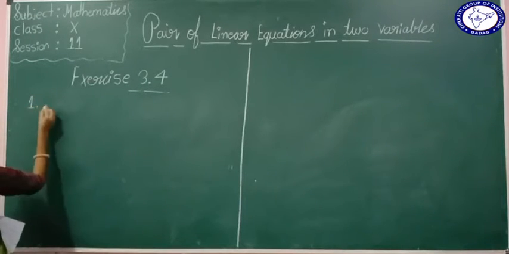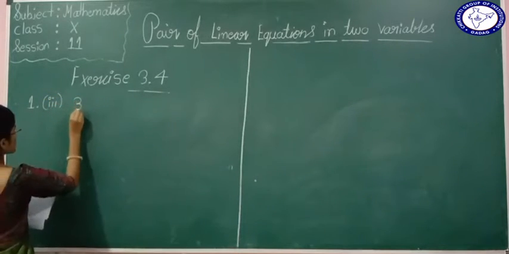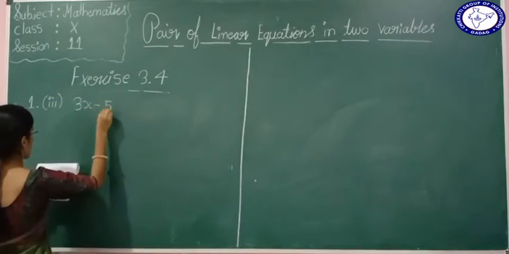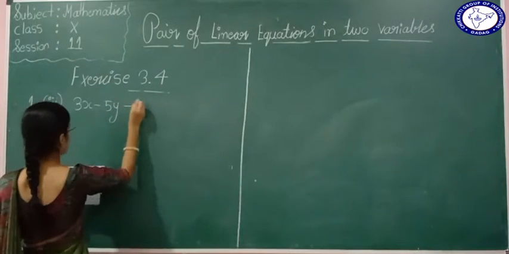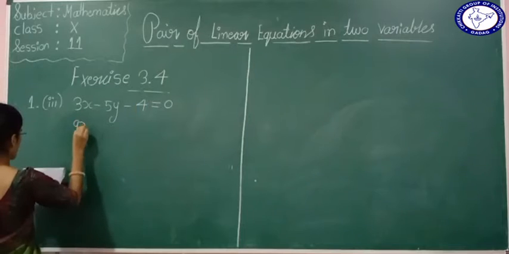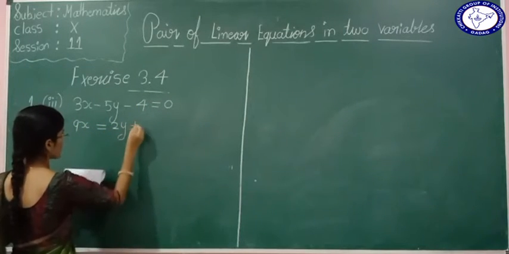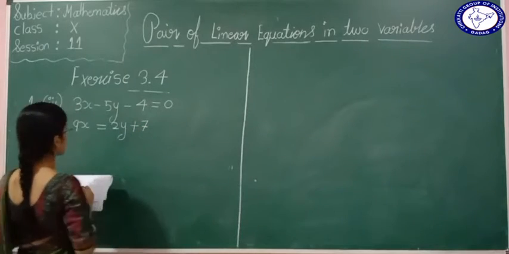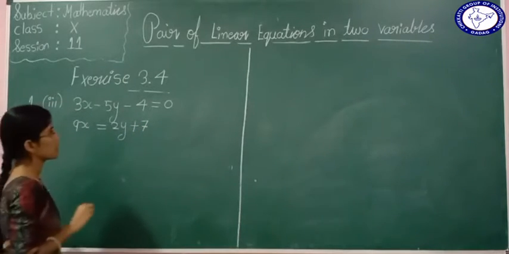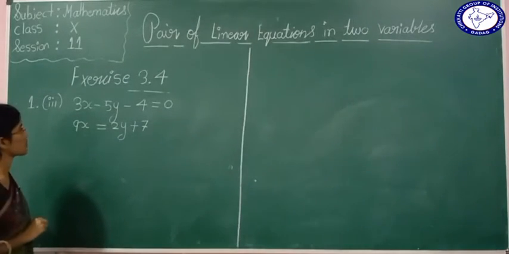So the first main third one, see, 3x minus 5y minus 4 is equal to 0, 9x is equal to 2y plus 7. See, this is about the first main third problem.